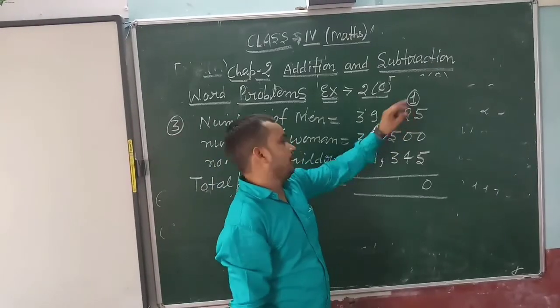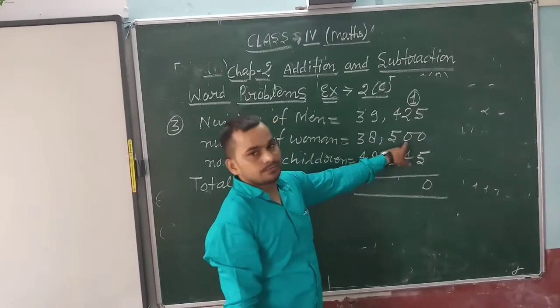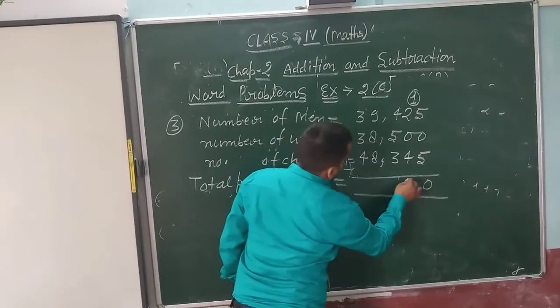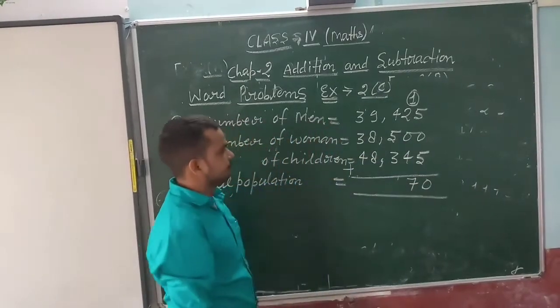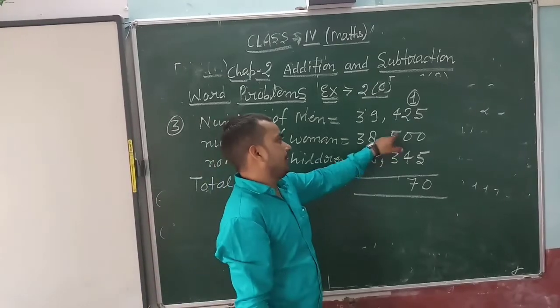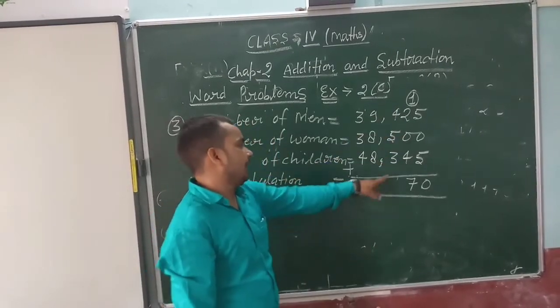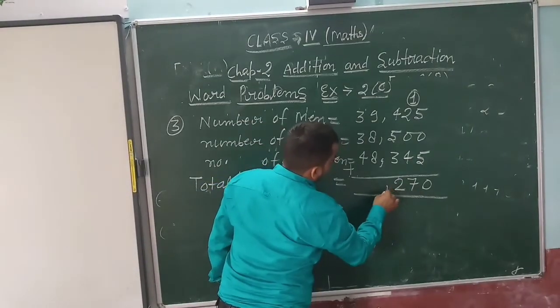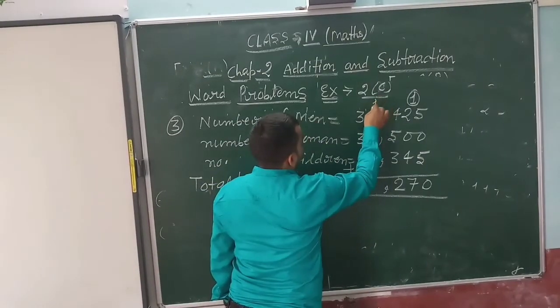2 plus 1, 3. 3 plus 0 equal to 3. 3 plus 4, 7. Then 5 plus 4, 9. 9 plus 3, 12. Carry out 1.